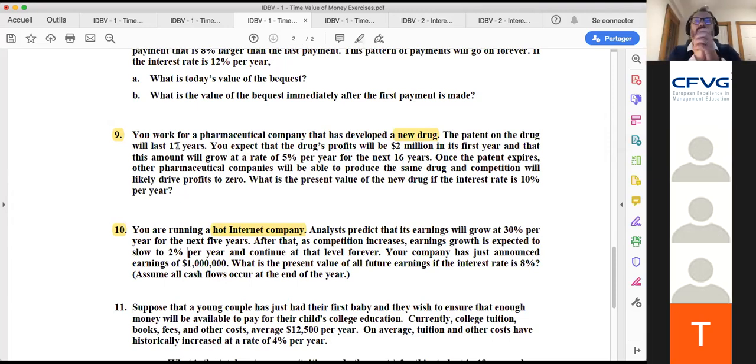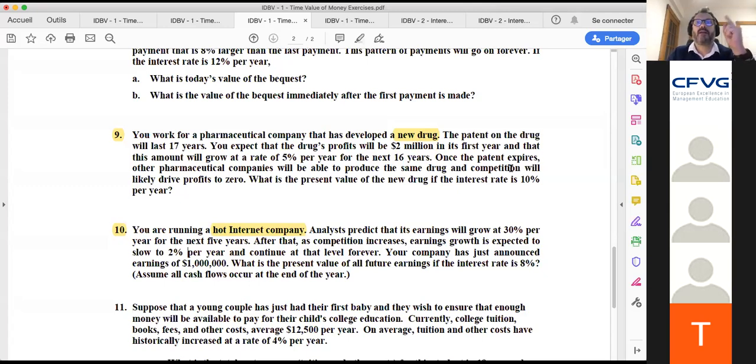So, coming back to what I was saying. In this exercise, we evaluate a company. That's the first thing. The second thing is that we have 2 moments. During 5 years, G will be equal to 30%.